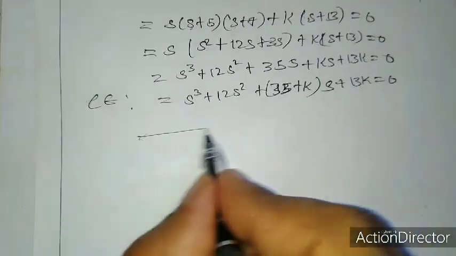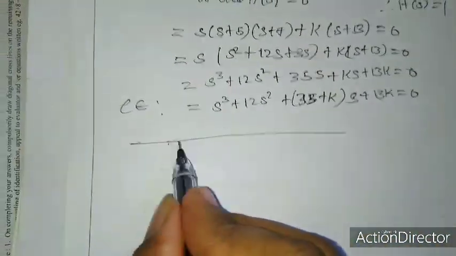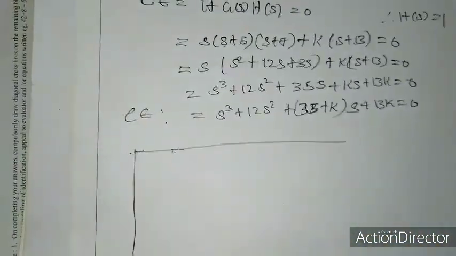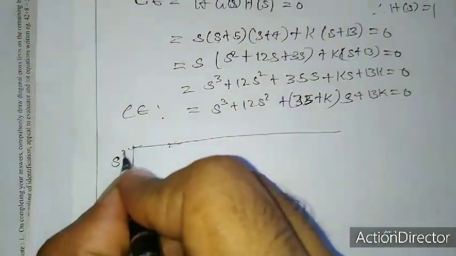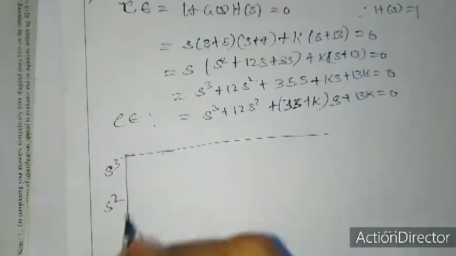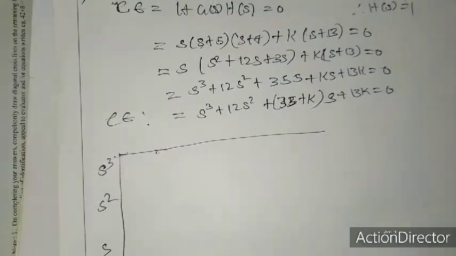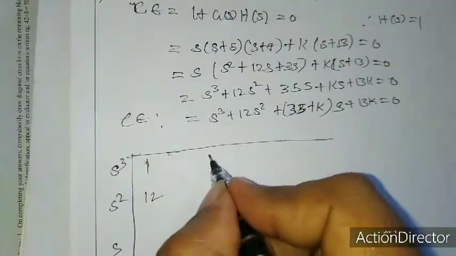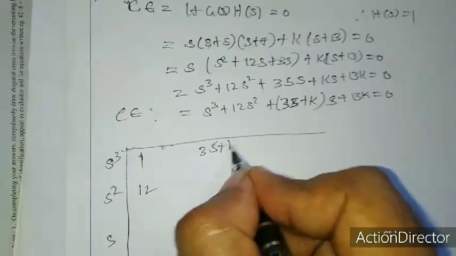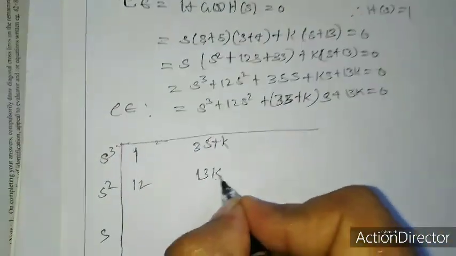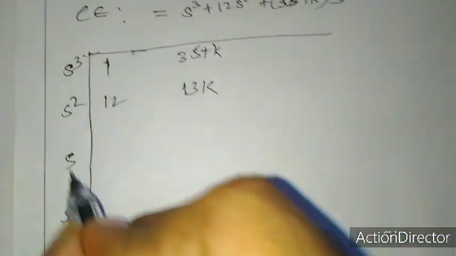For this characteristic equation, let me do the Routh stability criteria, RH criteria. So s cube, s square term, s term, s power 0. The s cube row is 1 and 35 plus k, the s square row is 12 and 13k. Now let me find out the s term.